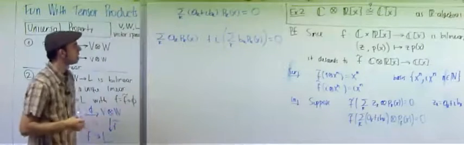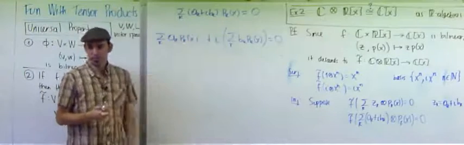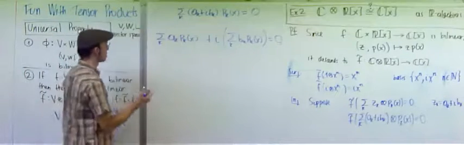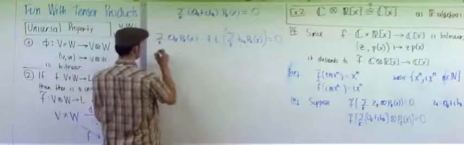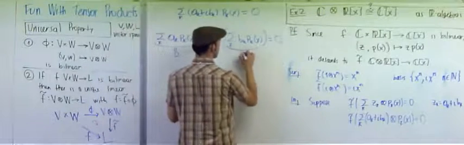Okay. And that means that both the real and the imaginary part have to be 0, right? So therefore, this is going to be equal to 0, and this is going to be equal to 0.